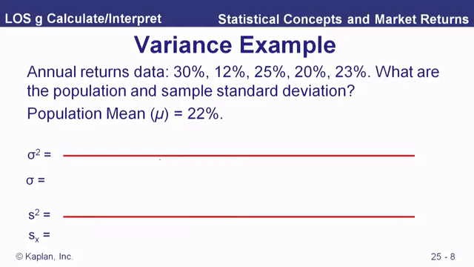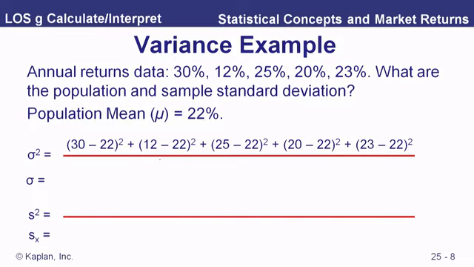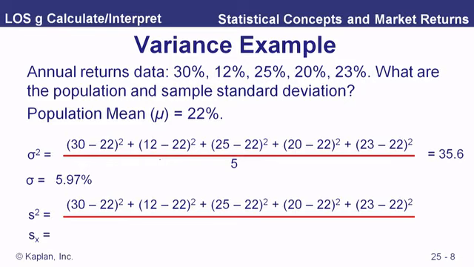So here we've got the population mean, 22%. We take the deviations from 22%, the differences, and we square all of those. And for the population variance, we divide by n, 5. If, in fact, we were using this in an application where it was just a sample, we'd put all that same data in the numerator, and we just divide by 4.